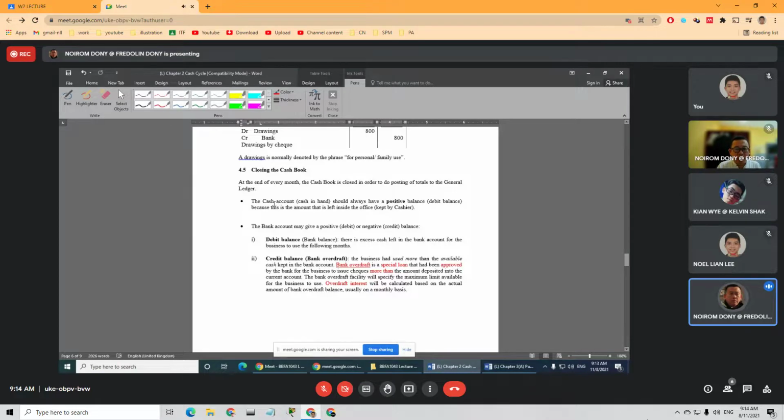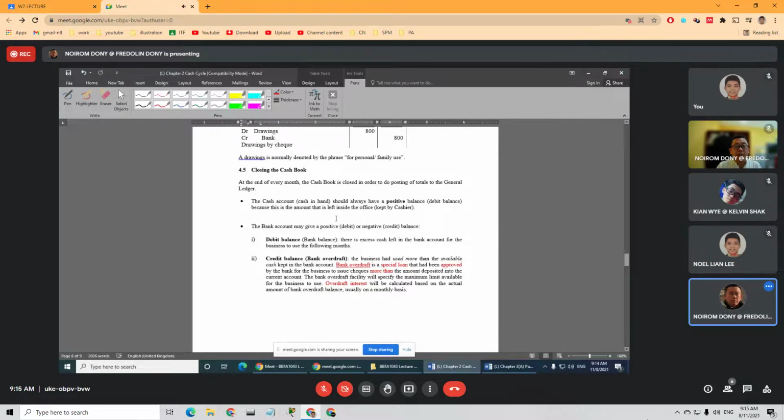But the cash account is always a positive balance because the cash account refers to cash in hand. So you only make payment according to what you have in hand. If your cash in hand is finished, you can't pay anymore, isn't it? You can't have negative. Because the amount left inside the office is kept by the cashier. If there is no more remaining balance, how can you make payment through the cash account?